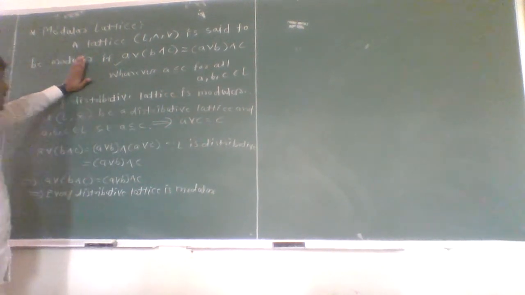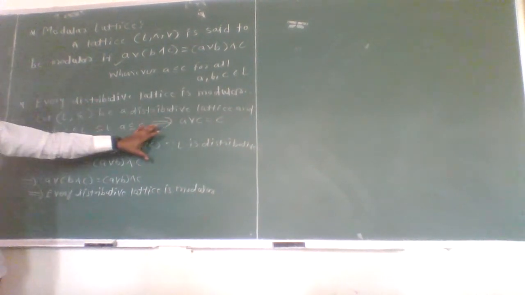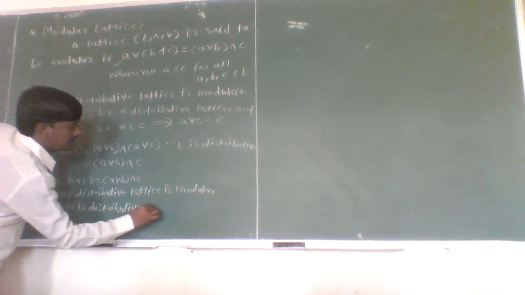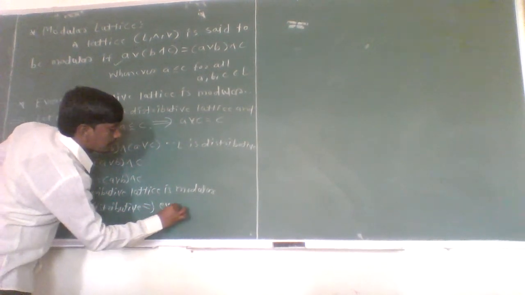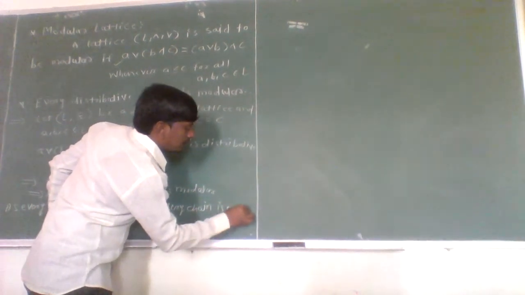As every chain is a distributive lattice and every distributive lattice is a modular lattice, which implies every chain is also a modular lattice, from the transitive property.